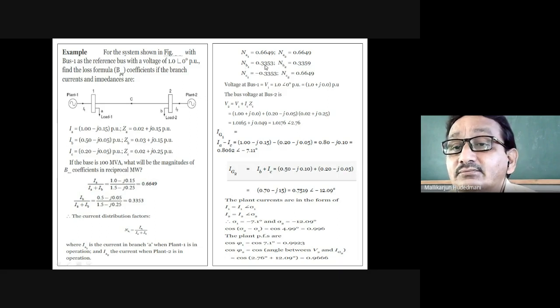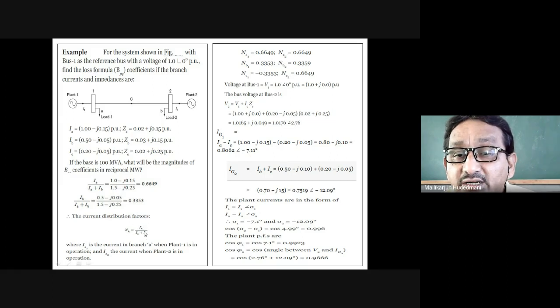Before that, let me do NB1 also, like NA1. What is NB1? The current distribution factor when plant 2 alone is dealing. Similarly, the current distribution factor from the plant 2 perspective. So here I should calculate NB2, NA2, NC2. It means here I have the current distribution factor calculation, IA divided by IA plus IB.